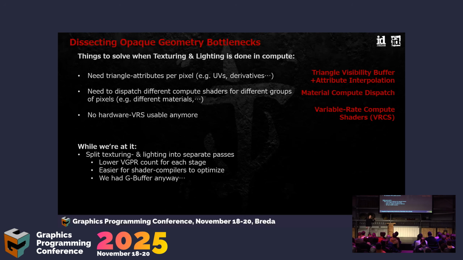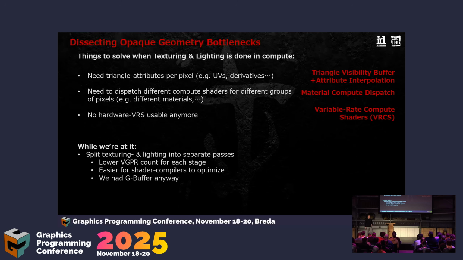And in a way, even during the Forward Plus days, we were already outputting a more or less full G-buffer anyway, since a lot of our post-processing effects, our runtime GI system, already needed information like that. So in a way, we were already paying for some of the downsides you get with deferred rendering, with a high texture bandwidth. We were already paying for that, so we might as well go all the way now.